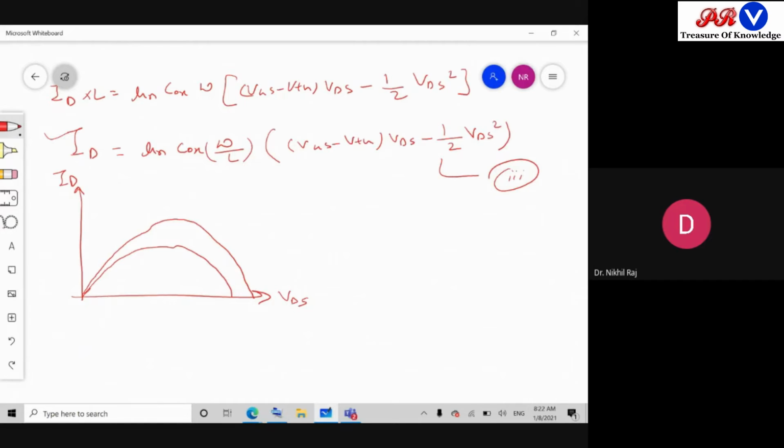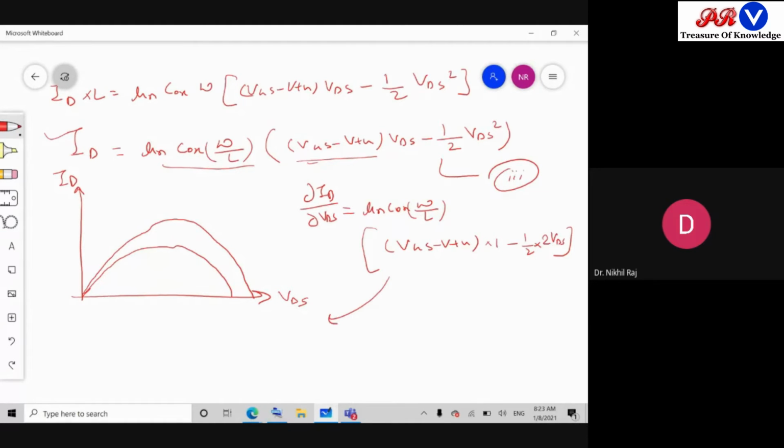So here what is the maximum value? To calculate the maximum value, we can do delta ID by delta VDS, and we can check where the peak should occur. So when we do delta ID by delta VDS, what will we get here? Since mu n Cox W by L is a constant value, we can rewrite here mu n Cox W by L, in the bracket, this factor will come here, VGS minus VTH, minus, VDS is 1 minus, it will be half into 2 VDS.